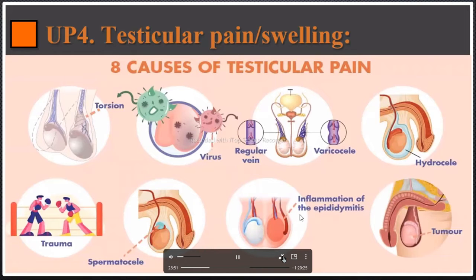After that, he has orchitis or epididymitis. Tumor is unlikely in the exam, but if they ask you what is the serious differential diagnosis, what will you say? Tumor. And of course, the patient will have constitutional symptoms. If they ask you about testicular torsion, the most common in the exam are testicular torsion and epididymitis.